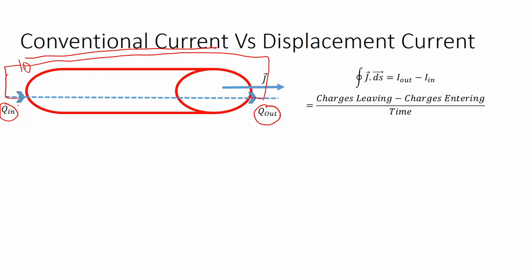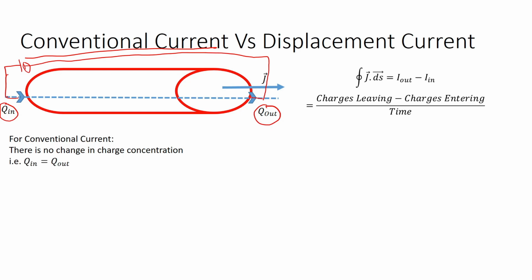Therefore, the number of charges entering this conductor will always be equal to the number of charges leaving the conductor. That is, no charges are being lost or gained. That means there is no change in charge concentration.